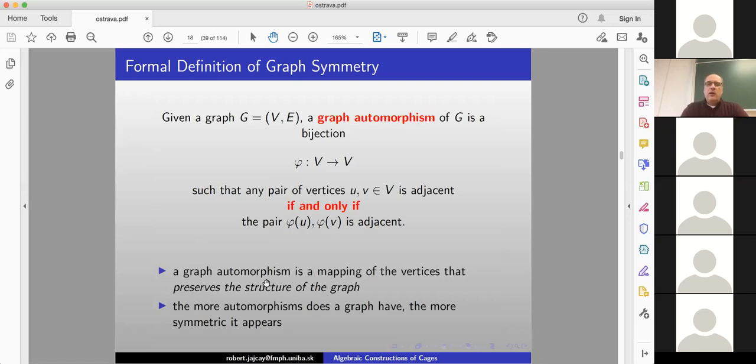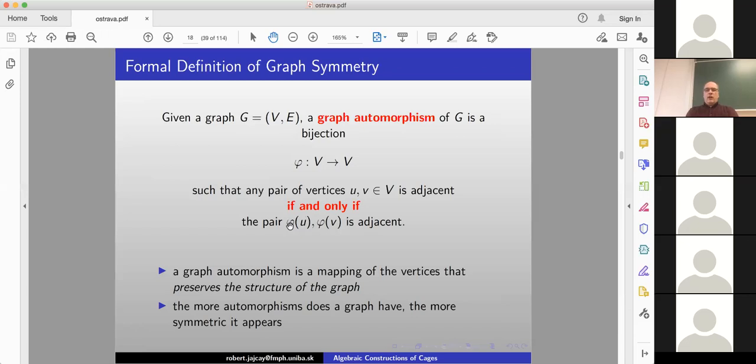And the more automorphisms the graph has, the more symmetric it appears, because this really means that whatever it looks like around a vertex V, the same it will look around the vertex phi of V, because the automorphism carries over all the local information.